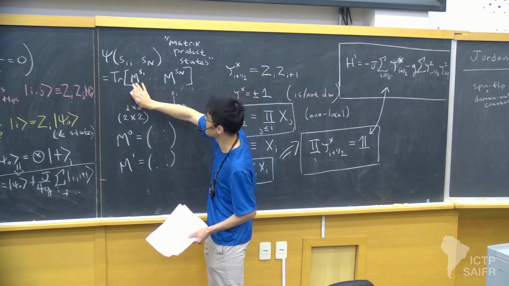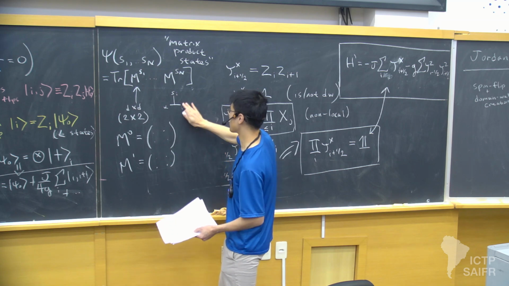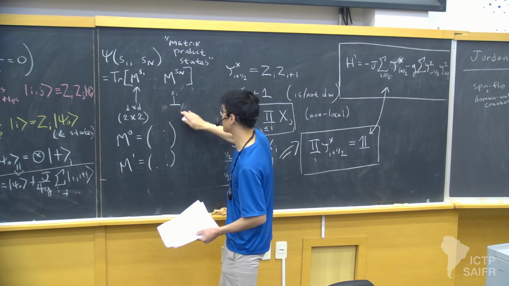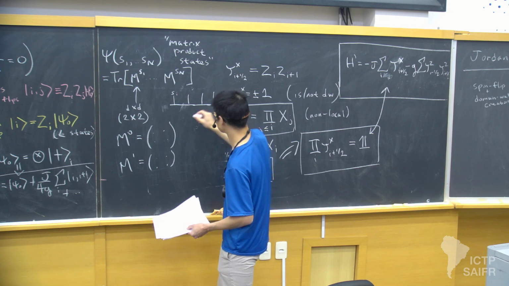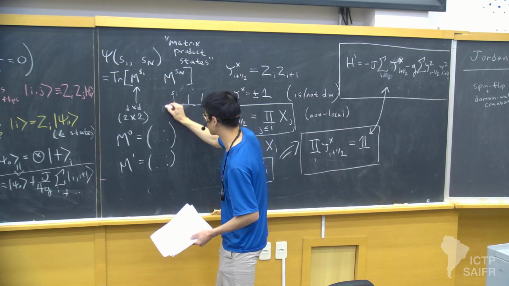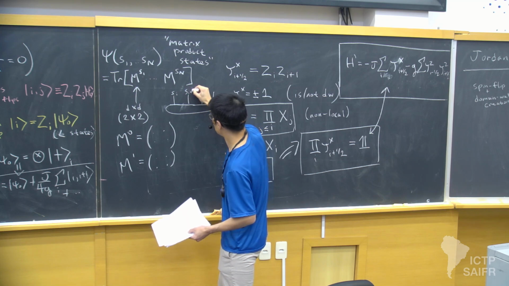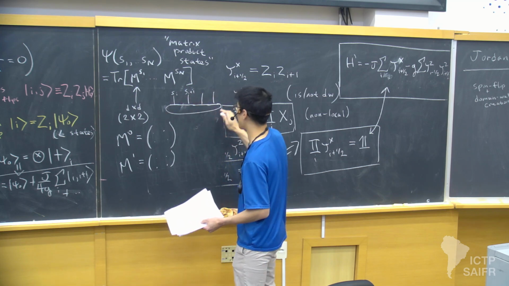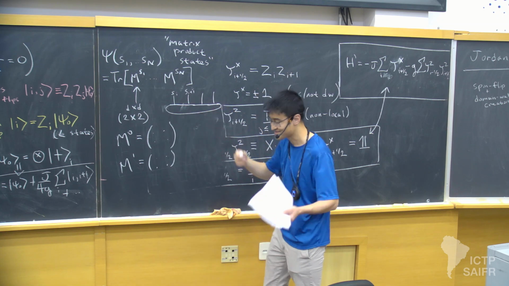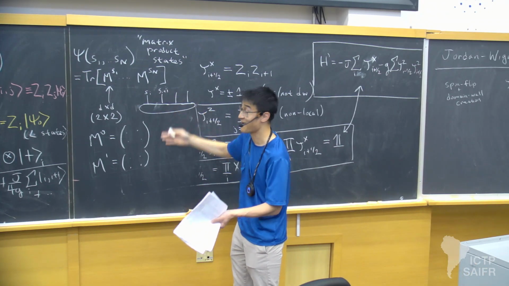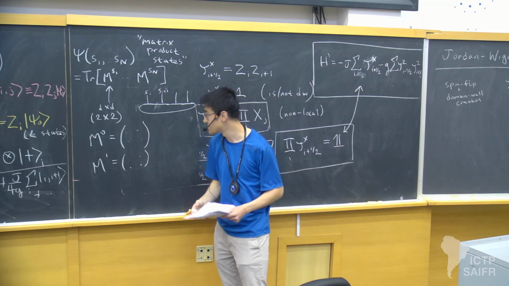And so now by doing a matrix product and then tracing over it, that just corresponds to stitching these matrices together. And then the trace will identify the two ends. And so you have a nice pictorial representation of this wave function that clearly can have some entanglement now, right? It's not a simple decoupled product state.